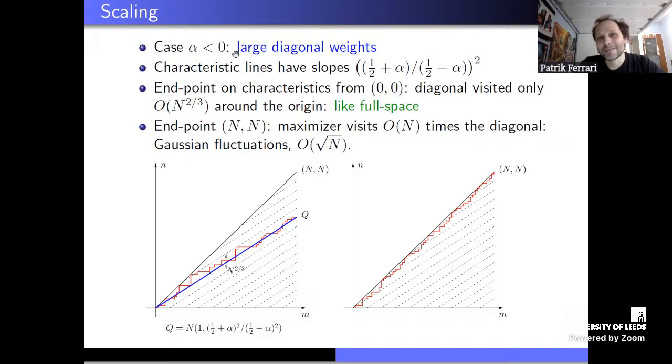Now for alpha less than 0, the slopes are like that. You see this one. So the slope is smaller than 1. Which means the points which are non-trivially correlated are close to one of these lines, and the fluctuation will be of order n to the 2/3.